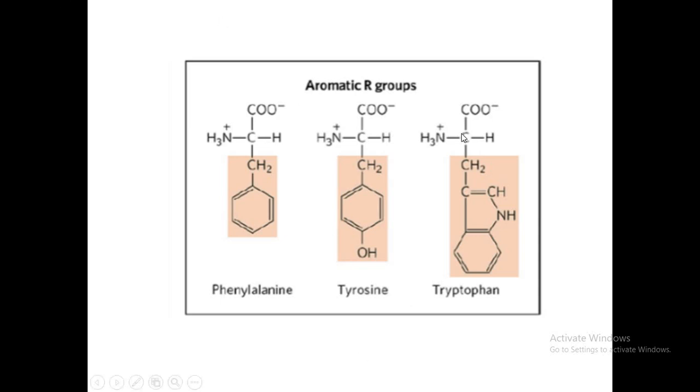Here we can see that phenylalanine, tyrosine and tryptophan all have side chains with a cyclic benzene ring with conjugated double bonds. On the basis of having this ring, we call these amino acids the aromatic amino acids, or the amino acids that have aromatic R groups.